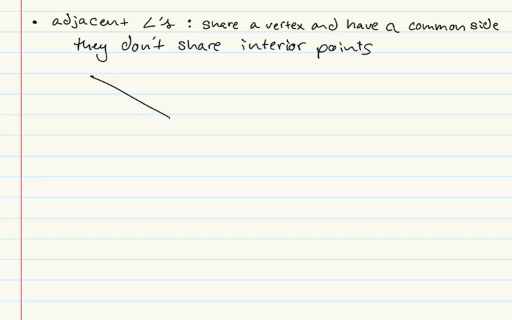Okay, so an example of that is they share a vertex and they share a common side. So angle 1 and angle 2 are adjacent angles.